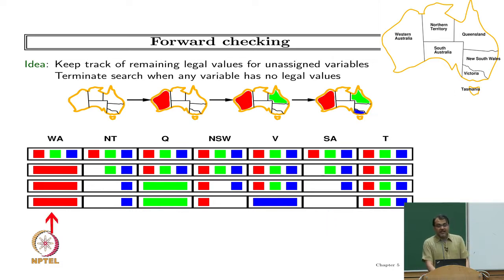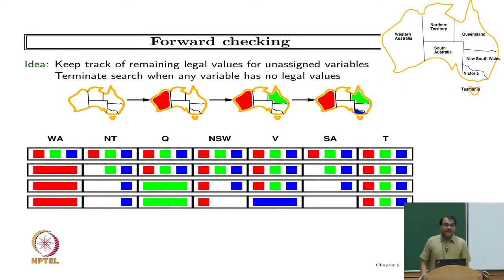Because of Western Australia it can't be red, because of Queensland it can't be green, and because of Victoria it can't be blue. But we get to know this because we were doing forward checking. In forward checking we were maintaining which values are possible, and as soon as a variable becomes empty, no value is possible, we backtrack.